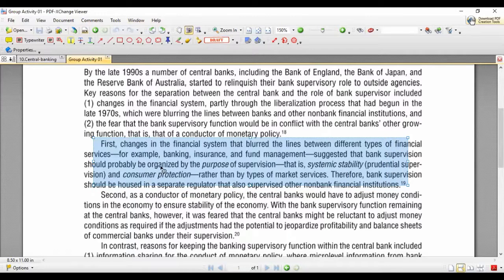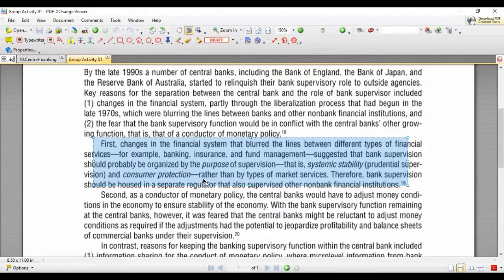So they say that with the development of the financial market, later not only banks but non-bank financial institutions also emerged in the market. Then systemic stability and consumer protection are all covered under supervision.